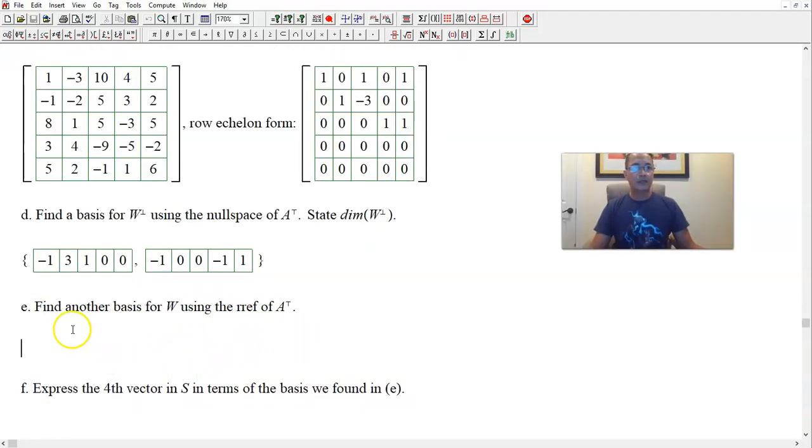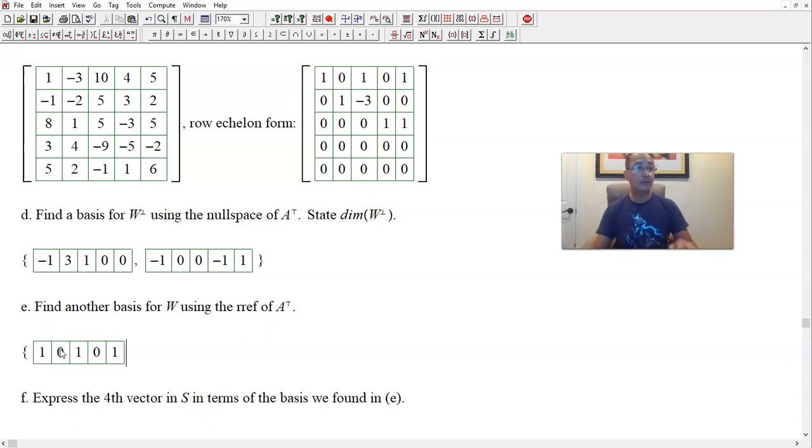So our next job is to find another basis for W using this REF. Since W is now the row space of this matrix, I hope you remember that the basis for the row space is simply the non-zero rows of the REF.